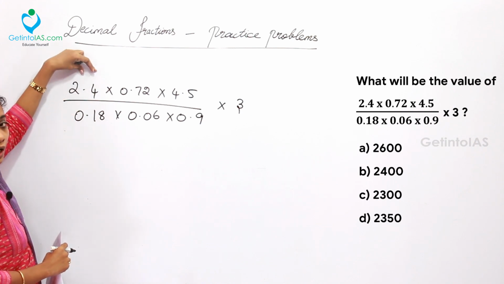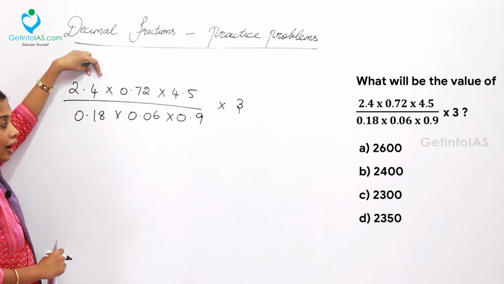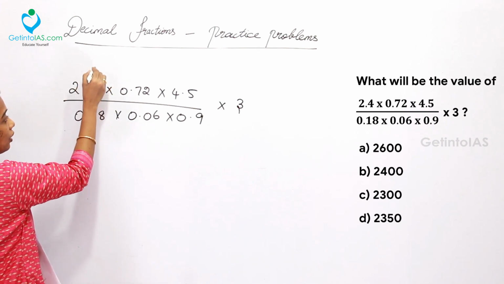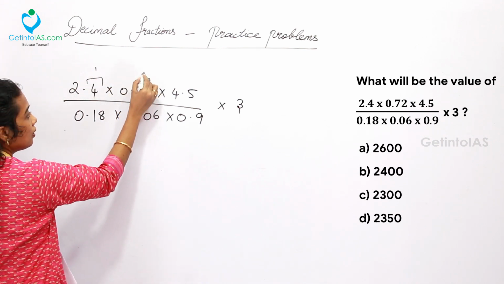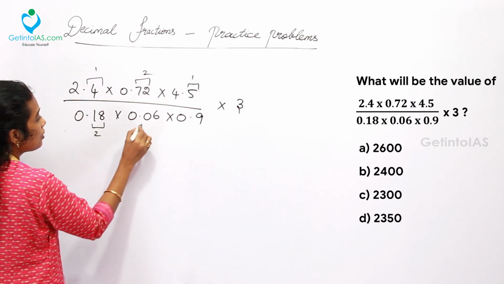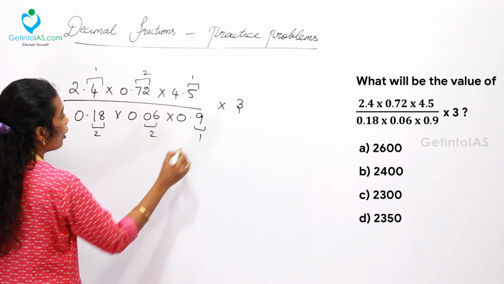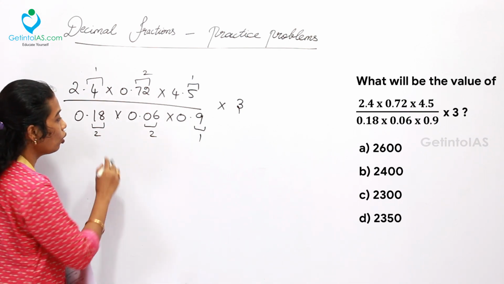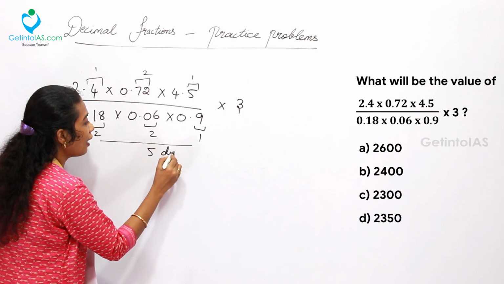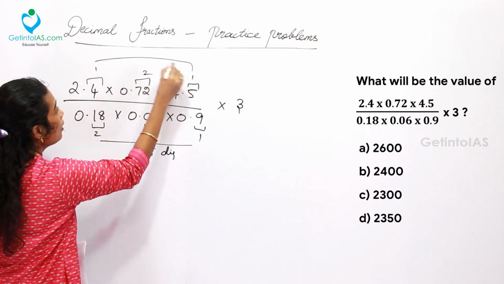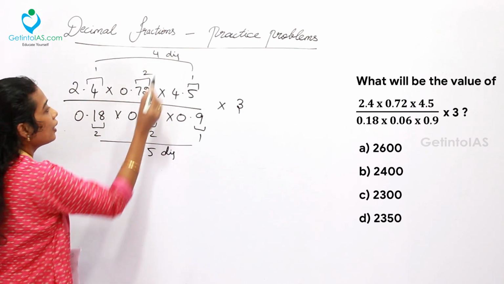Here, counting the number of decimal digits after the decimal point in the numerator: here 1 digit, here 2 digits, here 1 digit. In the denominator: here 2 digits, here 2 digits, here 1 digit.